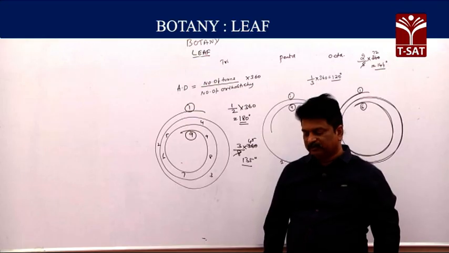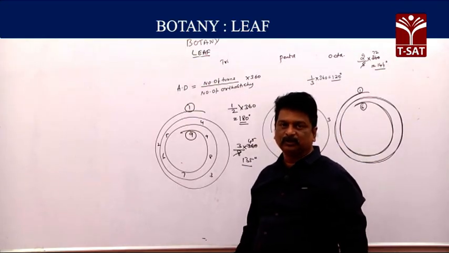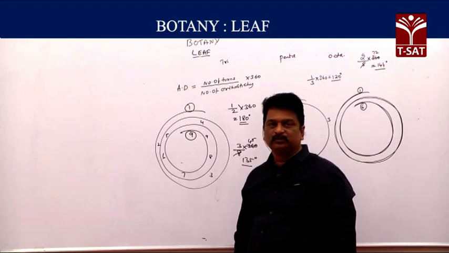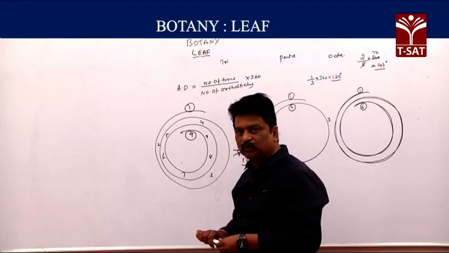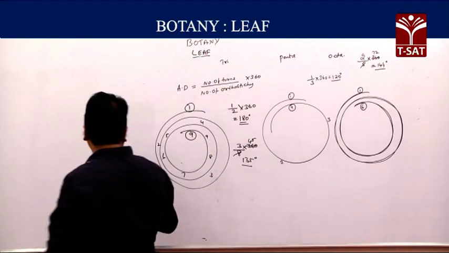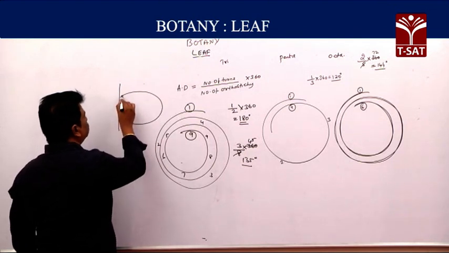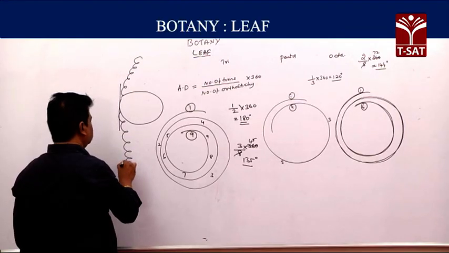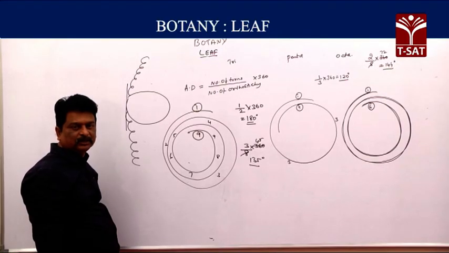Here are some stipule modifications. In monocots stipules are absent, but in some monocots stipules are present and modified into tendrils, called stipular tendrils. It is one of the dicot characters.